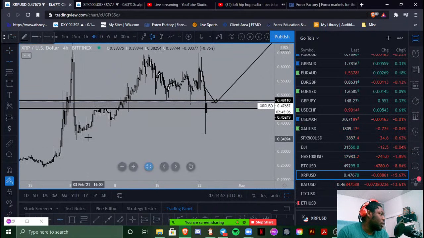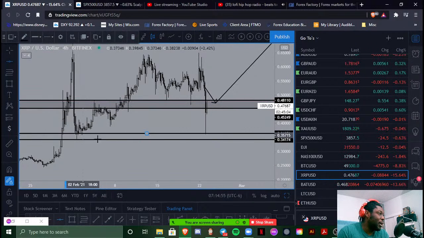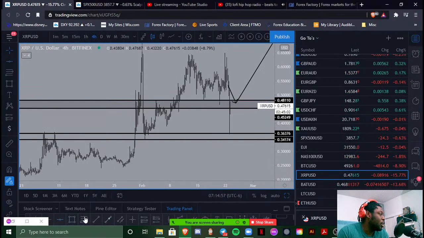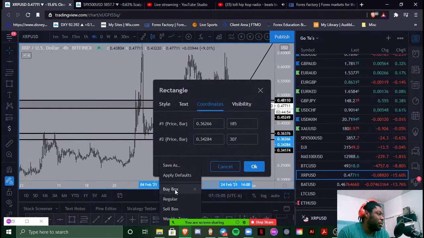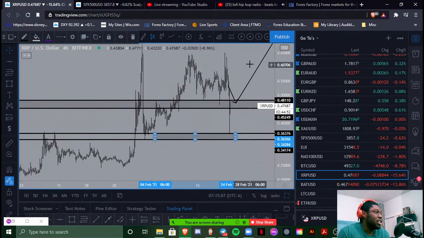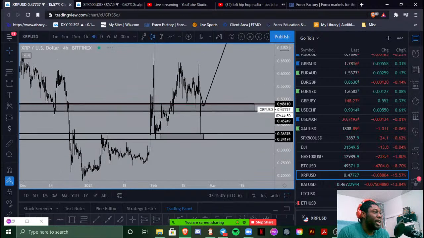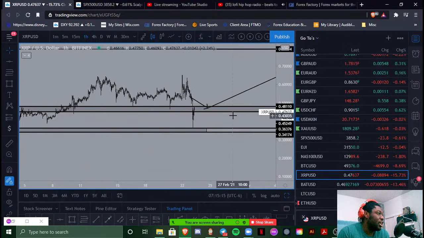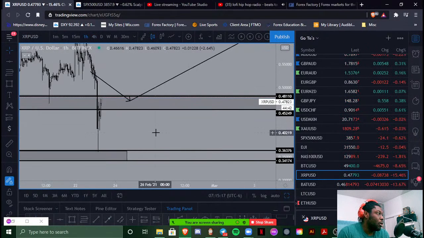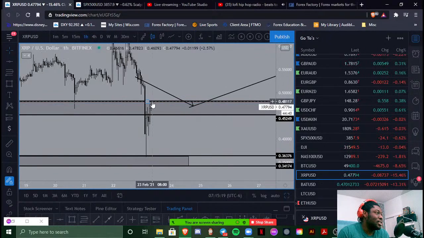Now remember, the SEC and Ripple do have their little feud going on, and that could bring a lot of volatility into the crypto markets. But they're already very much volatile as is. So just got to see what price is really going to do. But I do kind of want to see the likes of 35 cents get hit again. That would be an awesome entry to get into another buy opportunity on Ripple. So just got to wait and see.